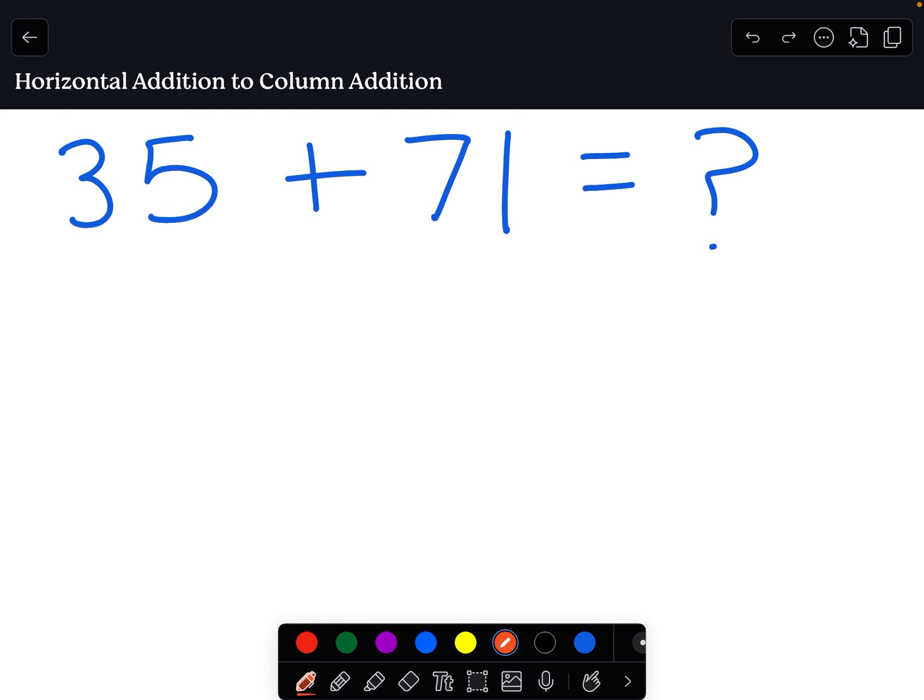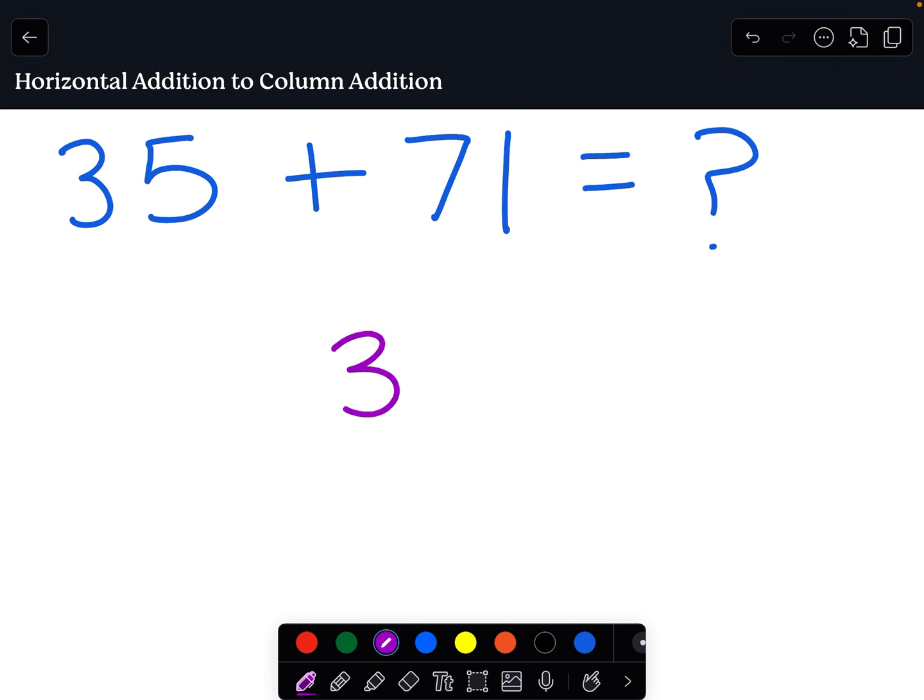Some of you may already know this, and that's great, but it's incredibly important that when we are solving a problem like this, we get our place value perfect. So I am going to focus on place value.